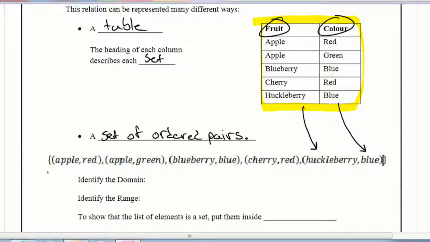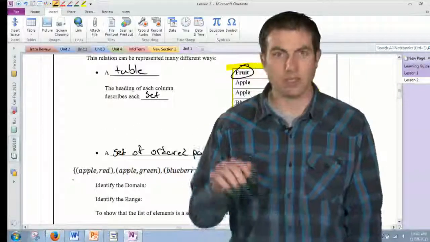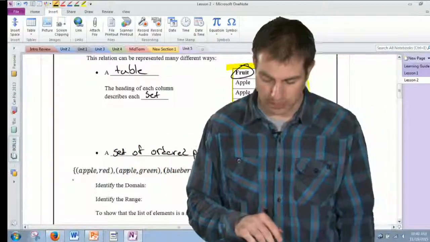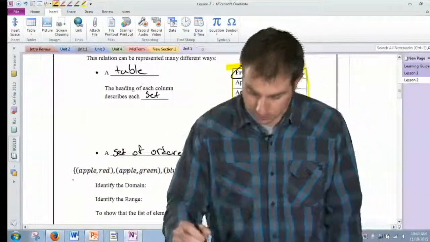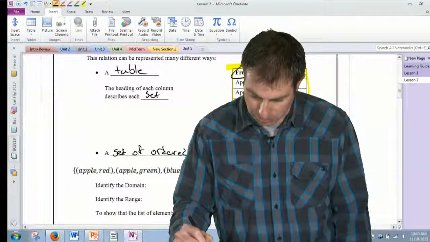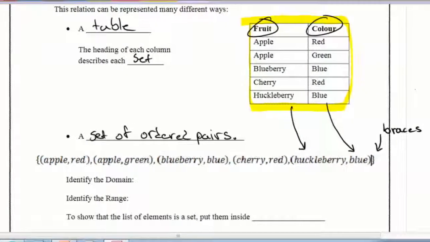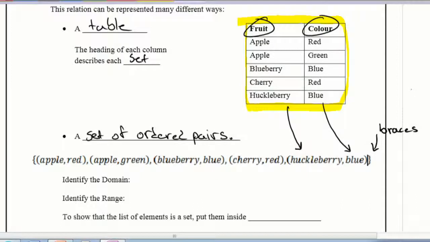The mathematical way we indicate a set is we use these squiggly brackets, and we'll just call them braces for now. So these are braces, and the braces show a set. I put in domain and range, but I don't want to talk about it yet. So we're just going to skip the domain and range for now.